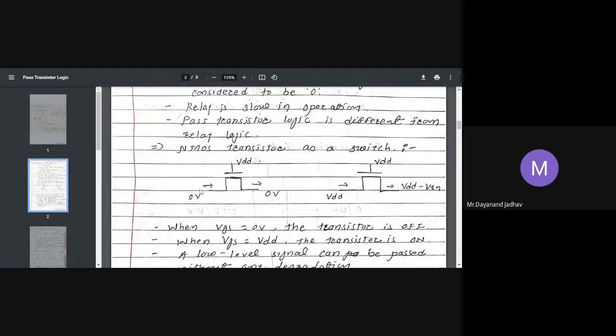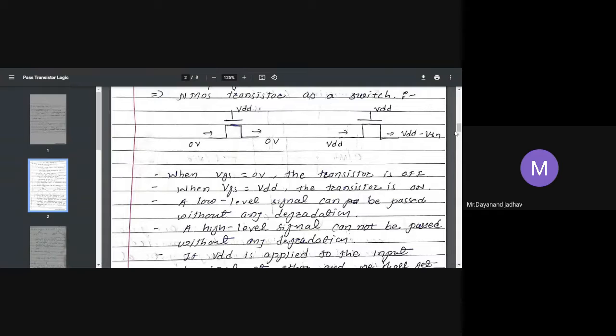Here, 0 volt is considered and the output is 0. If VGS is equal to 0 volt, this transistor is said to be off, and if VGS is equal to VDD, then this transistor acts in the on condition. This is the case using NMOS. When the gate voltage is high, then and only then can we consider the transistor to be in the on condition.